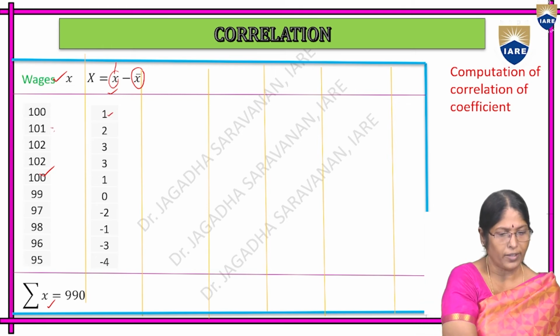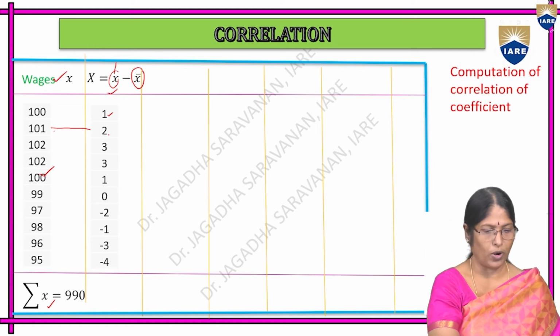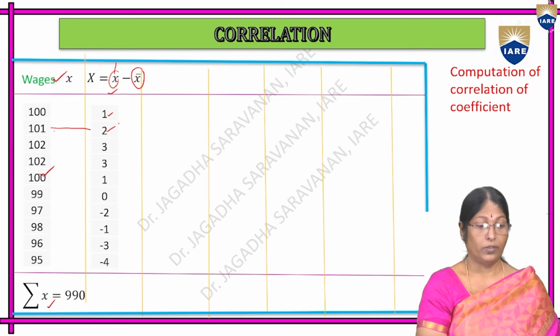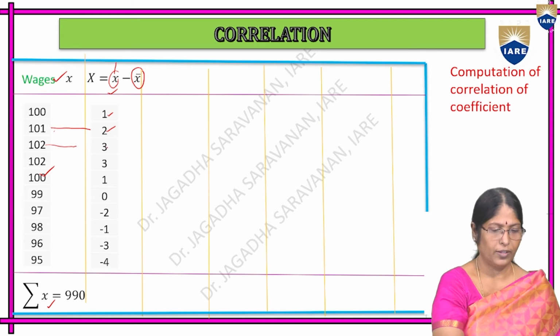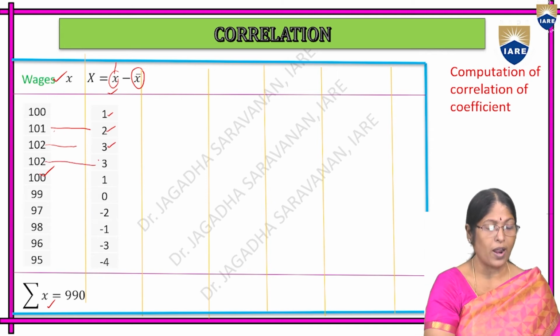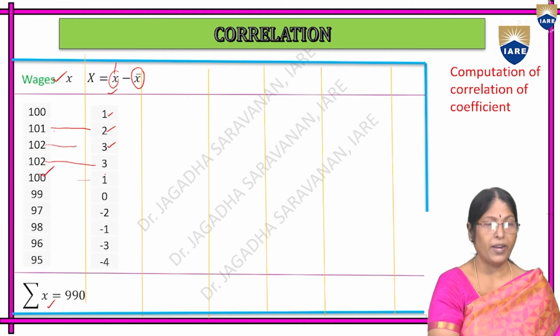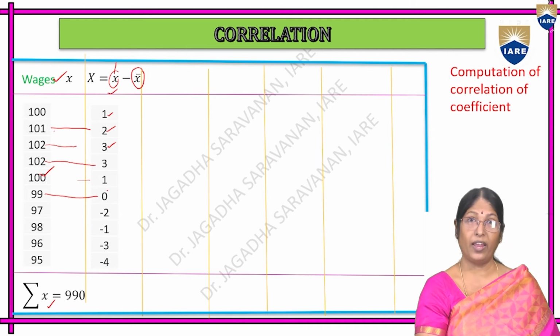The second one is 101 minus 99, we got 2. Third one, 102 minus 99, 3. Similarly, this is also 102 minus 99, 3. 100 minus 99, 1. 99 minus 99, 0.